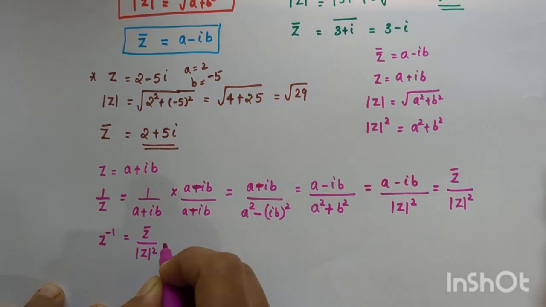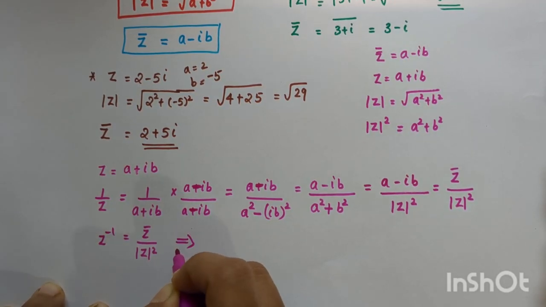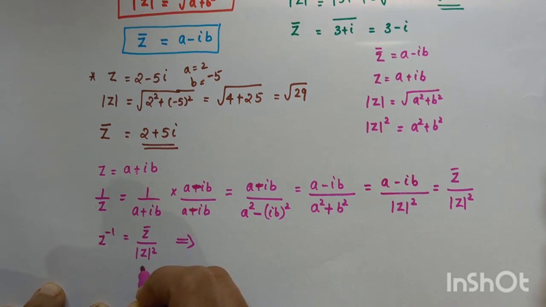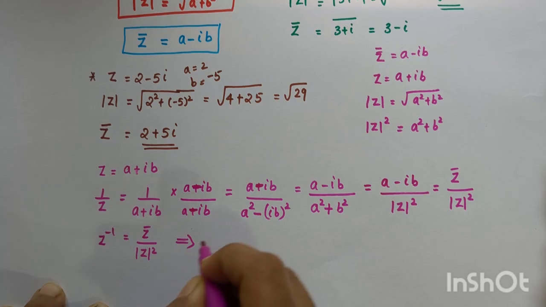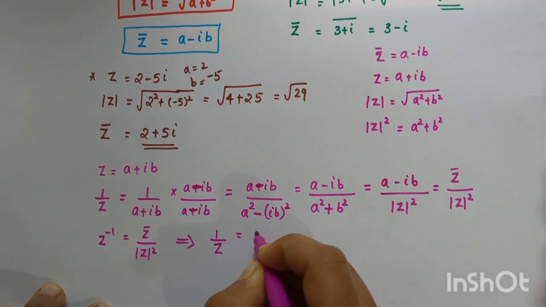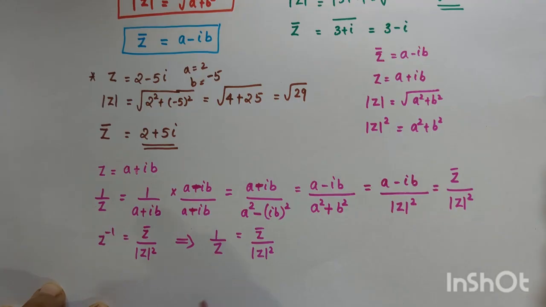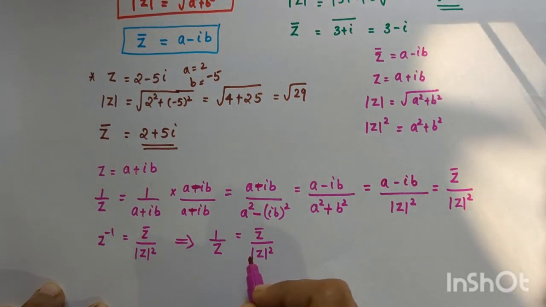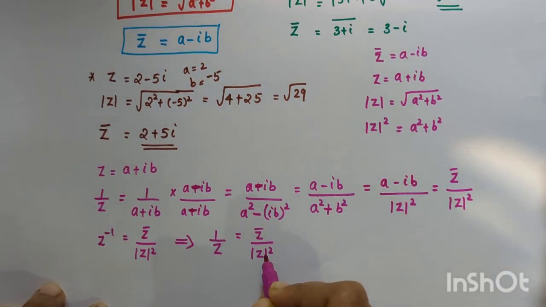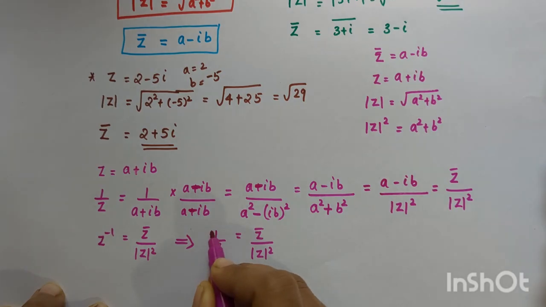Now you see, 1 by z is equal to z bar divided by modulus of z all square. I'm taking this modulus of z all square to this side, so that goes to the numerator.